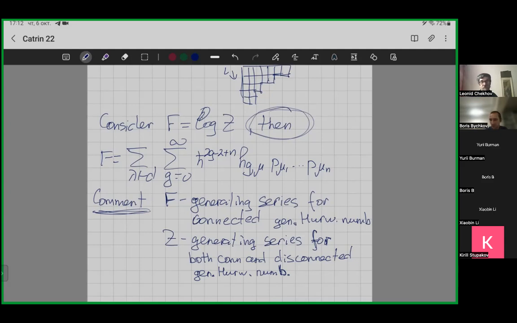You could rewrite it in terms of the Frobenius character formula for Hurwitz numbers.